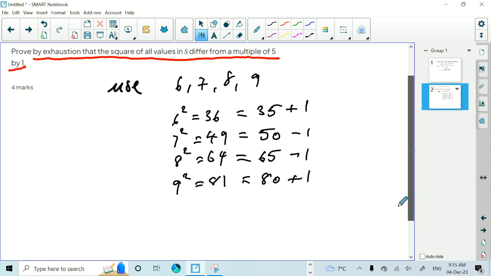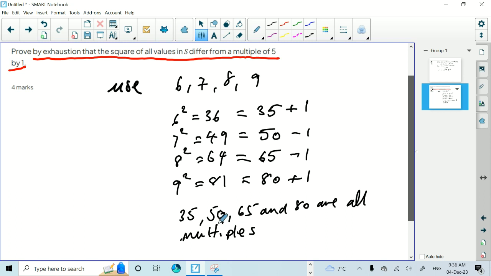And if I scroll down, so I said I use 6, 7, 8, and 9. 35, 50, 65 and 80 are all multiples of 5.